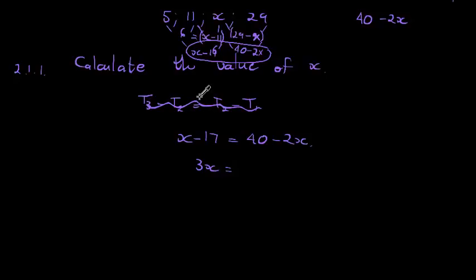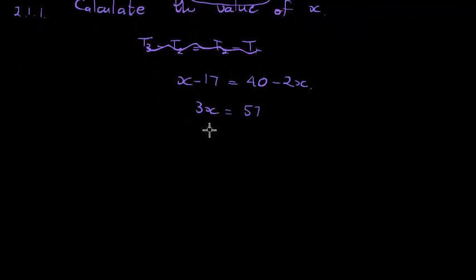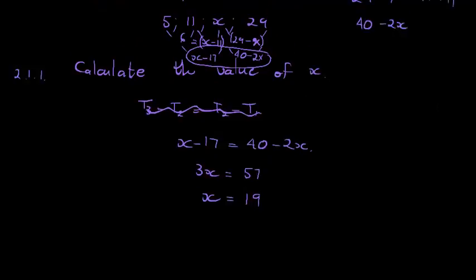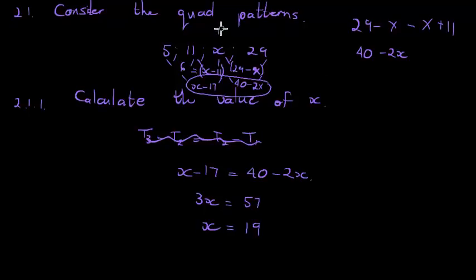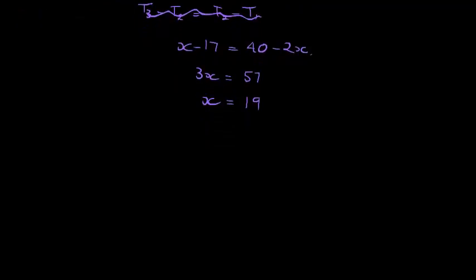No, it's not. 3x equals 57, sorry, 57. I thought it's 33. Okay, 57, and now if I divide both sides by 3, I get 19. Yeah. x is 19. So that x is 19. You get it?